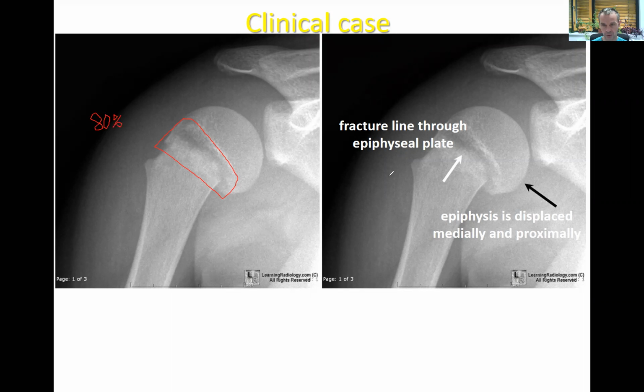So such a fracture, which happens here in the growth plate, and you can see that the epiphysis was displaced medially and proximally. It can cause either disruption of the movement of the growth, or the growth can be accelerated. So then there can be problems in the final length of the upper limb.